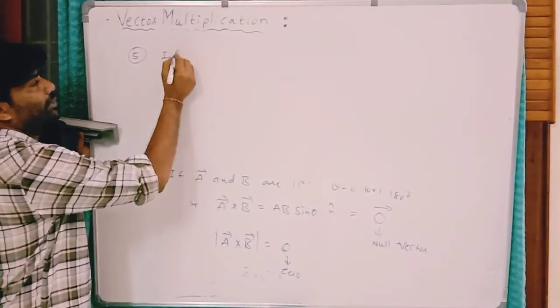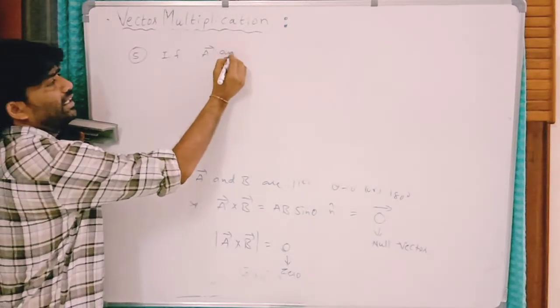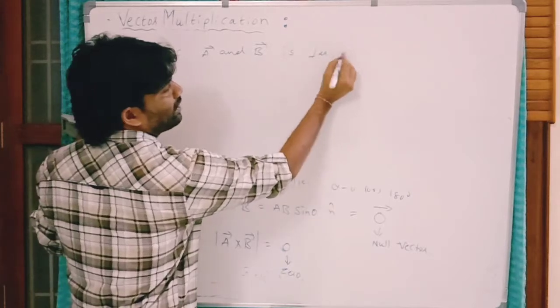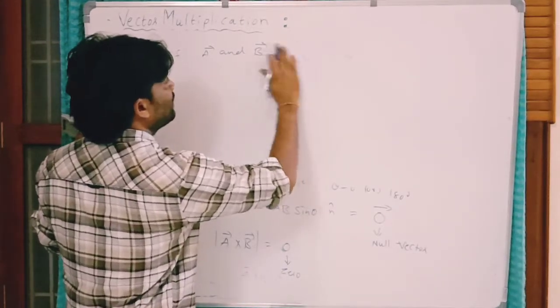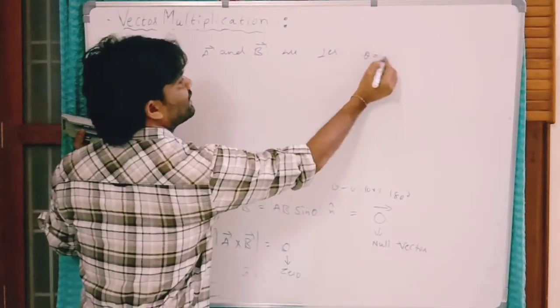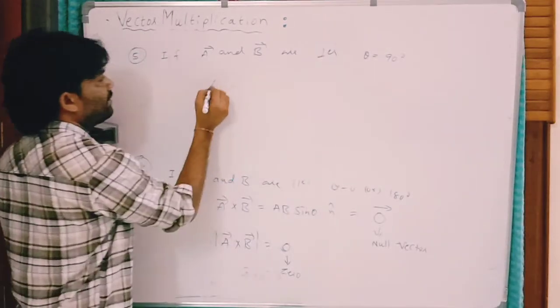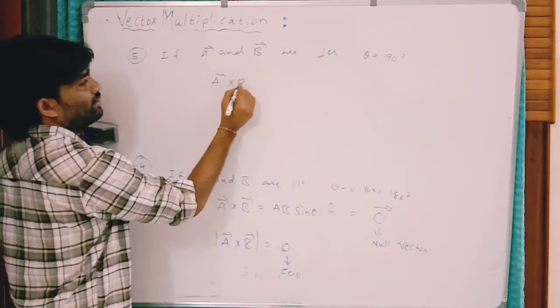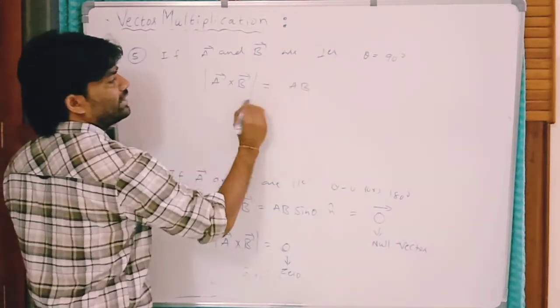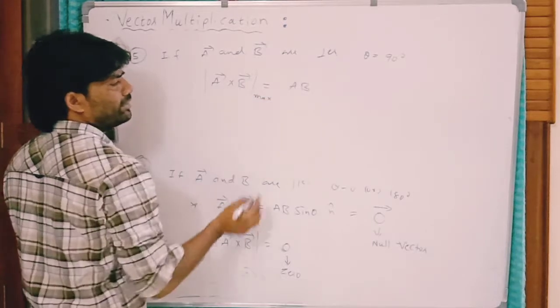If A and B are perpendicular, that is theta is 90, then the cross product magnitude I am writing, magnitude is AB sine 90, that is maximum, that is AB.